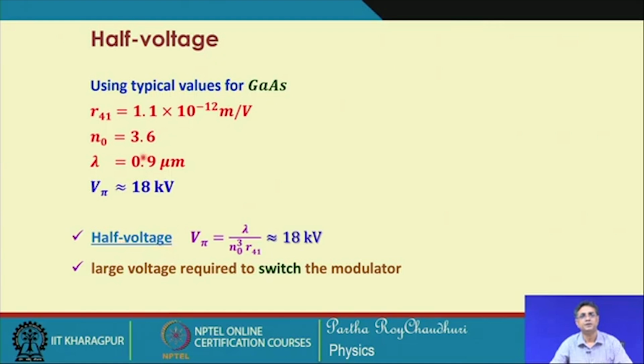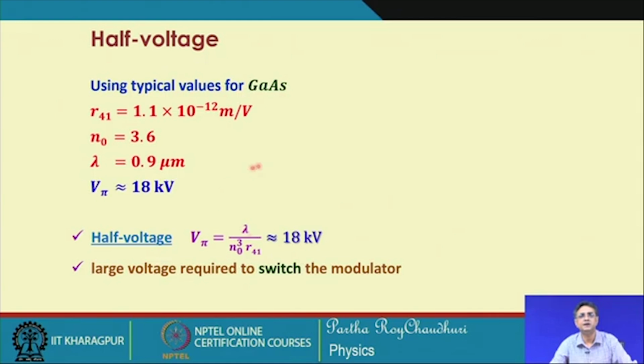So, this half voltage is about 18 kilovolt. We conclude that for switching of the modulator, you require a voltage of the order of 18 kilovolt, and that is pretty high.